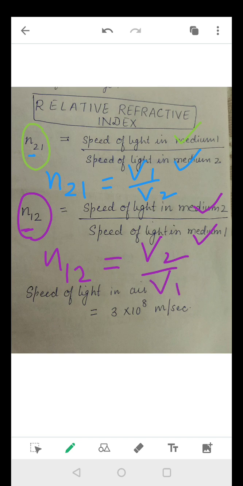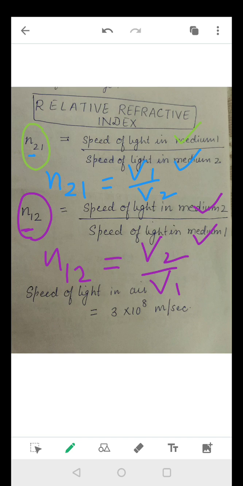I hope you're getting the difference. Are you getting the difference? Yes. So N21 is equal to V1 upon V2, and N12 is equal to V2 upon V1. So this is the way we can calculate the refractive index of two mediums.